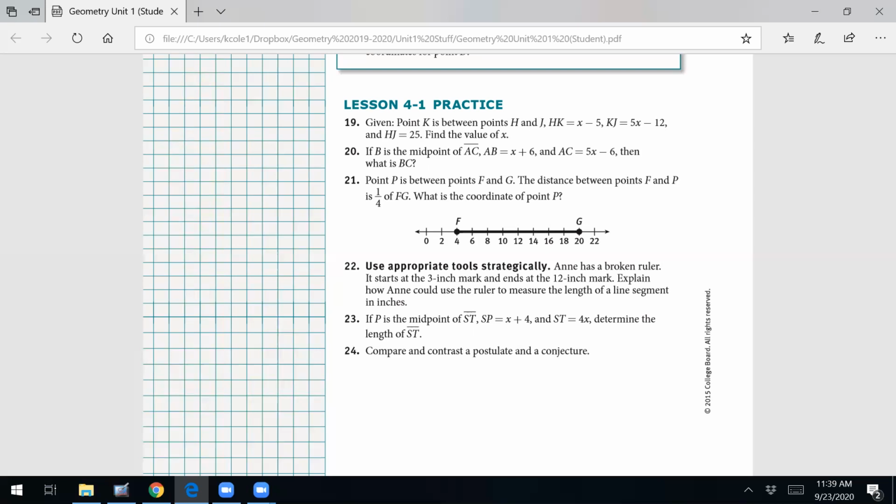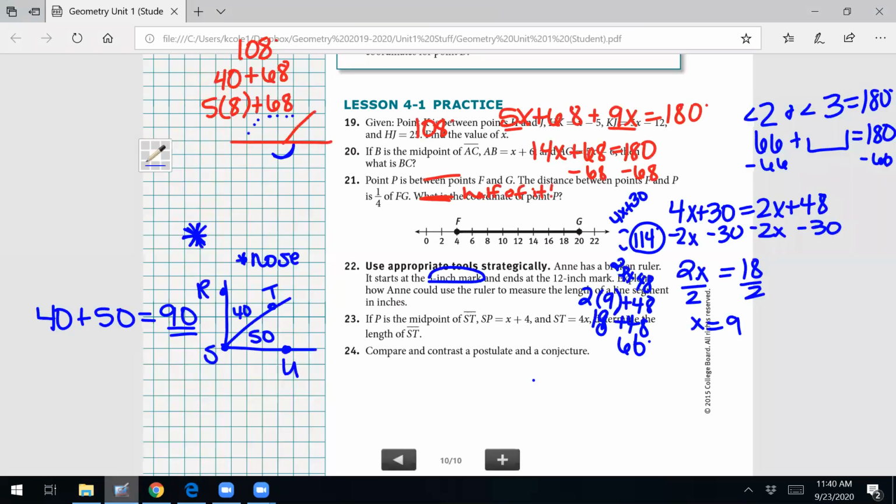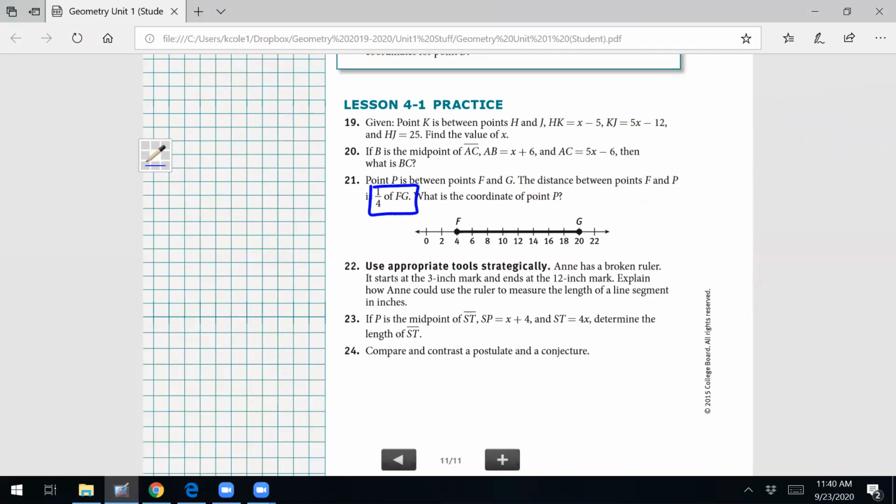With the midpoints, 21, y'all are okay with having to figure out 1/4 of. 21's answer, P is located at 8. You want me to work that one? Okay, so for this one, you're doing one-fourth of FG. FG is the distance between F and G. First, I find the distance using the absolute value difference.